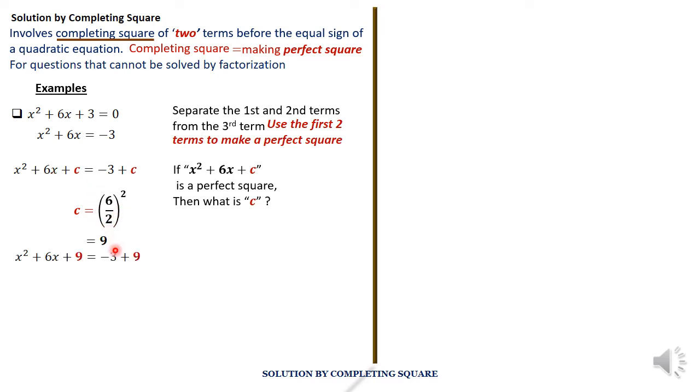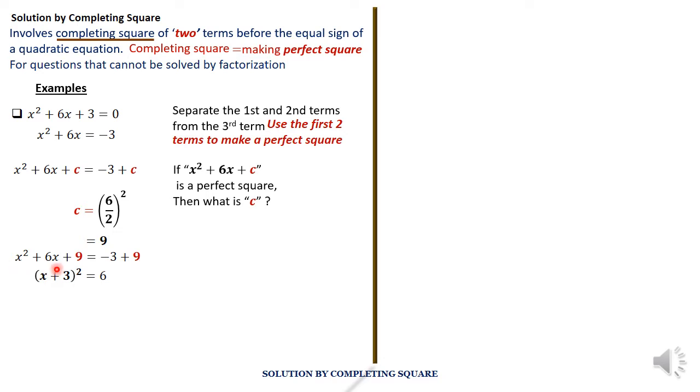So to make a perfect square using x squared plus 6x, we need a third term which is 9, such that this expression can be factorized to form a perfect square expression, or two brackets that are multiplied together. Having added 9 before the equal sign, we also add it after the equal sign.